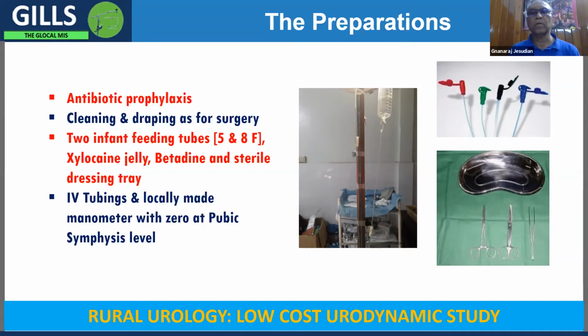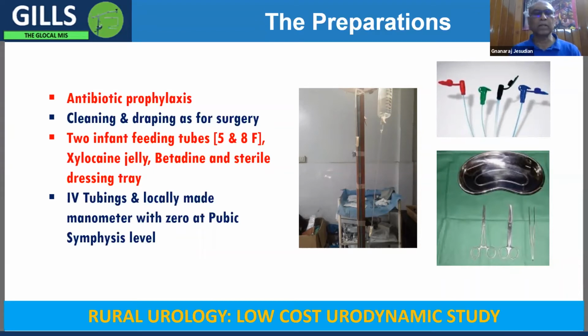This is important because even though it's minimally invasive, it's an invasive procedure. We need two infant feeding tubes, one 5 French and one 8 French, plenty of xylocaine jelly for lubricating, and betadine for sterilizing the area. All these are kept ready before we start.